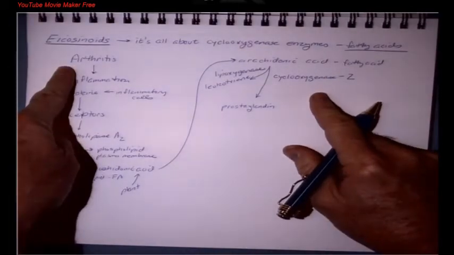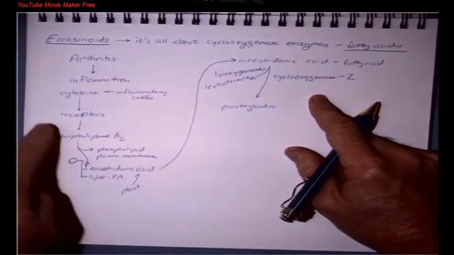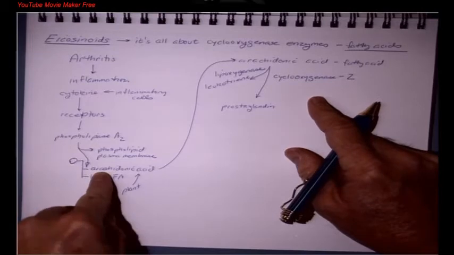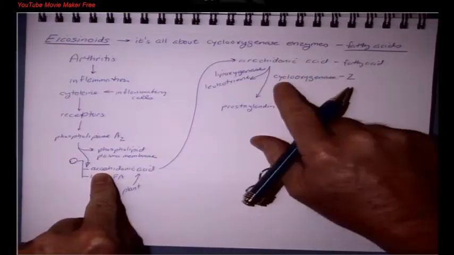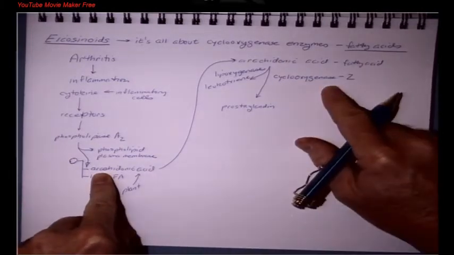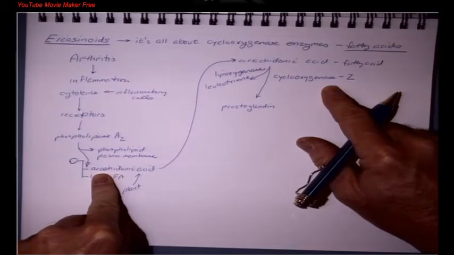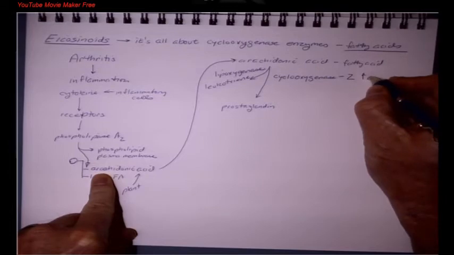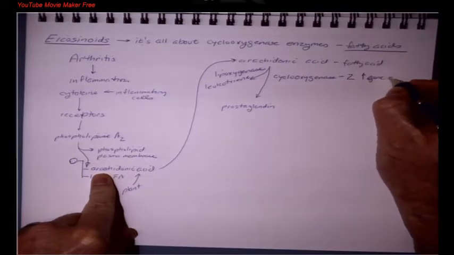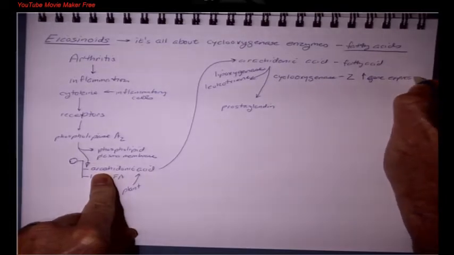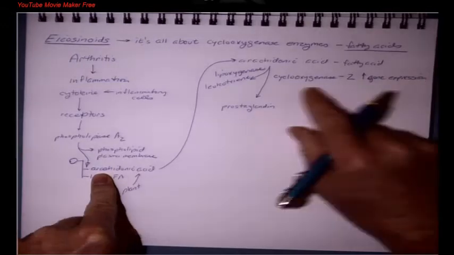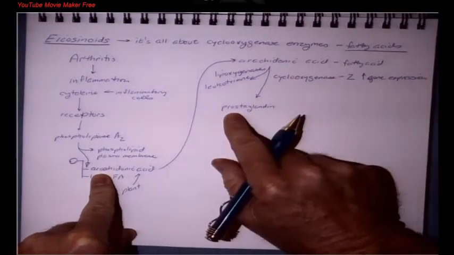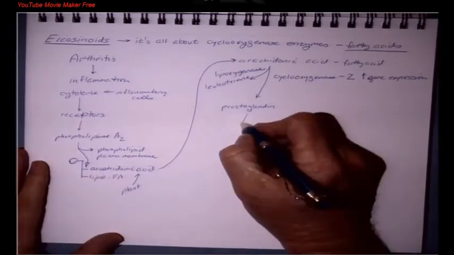So under these conditions, the cytokine is activating phospholipase A2, which mobilizes arachidonic acid. What's also being induced is the expression of cyclooxygenase 2. So this gene expression gets turned on. Once the enzyme is present, now we can convert the arachidonic acid into a prostaglandin, and this is going to cause inflammation.